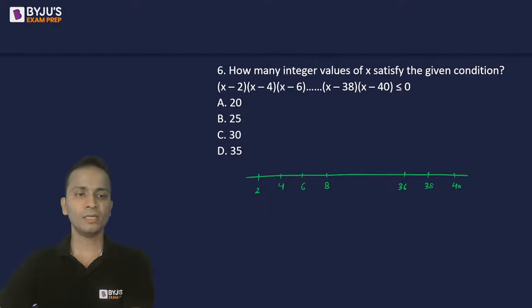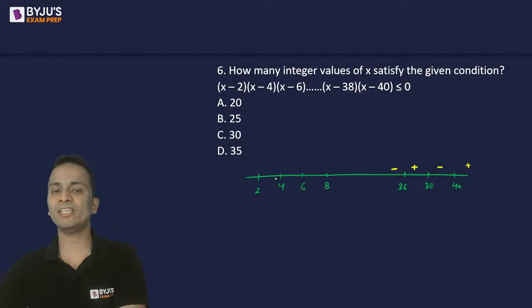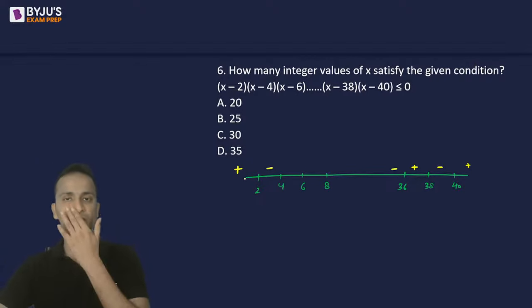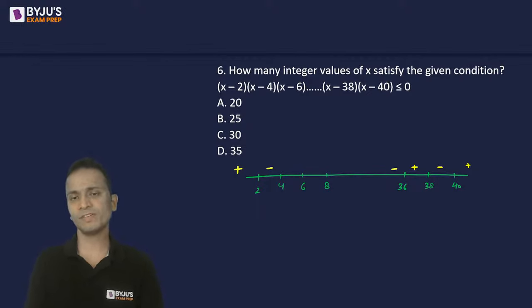Among these regions, the rightmost region will have positive value, then negative, then positive, then negative, and so on. If you keep on doing that, this will be negative, and the leftmost region will be positive. That means the graph will be above the x-axis wherever I have written positive, and below the x-axis where I have written negative.